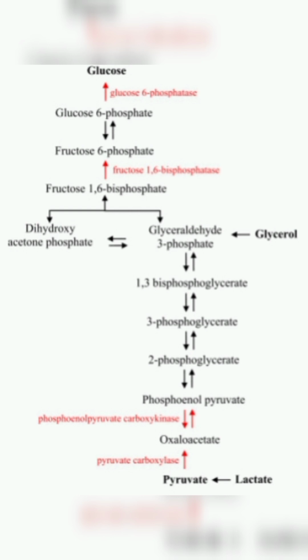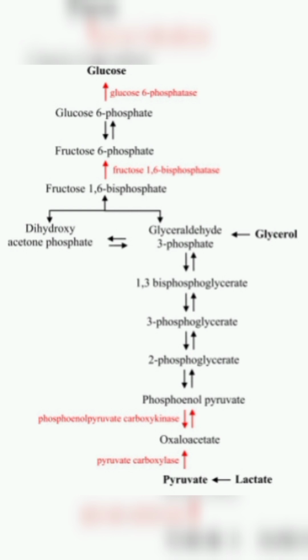For this, another enzyme is required, named phosphoenolpyruvate carboxykinase. So first pyruvate becomes oxaloacetate, then oxaloacetate becomes phosphoenolpyruvate. Now in the reverse reaction, phosphoenolpyruvate becomes 2-phosphoglycerate. Then this 2-phosphoglycerate, by an isomerization reaction, becomes 3-phosphoglycerate.